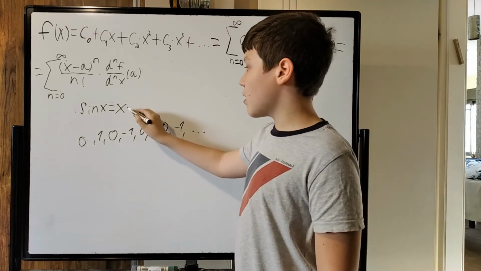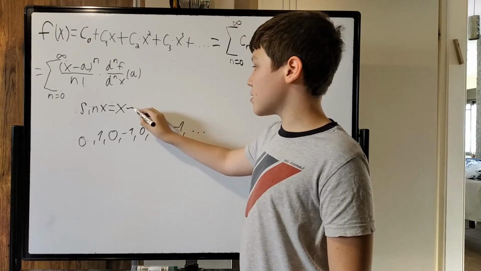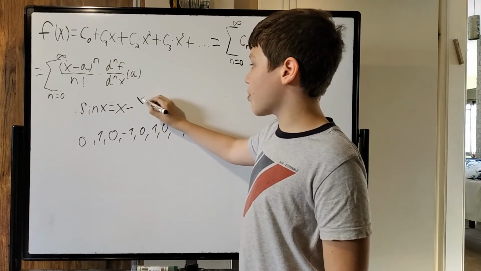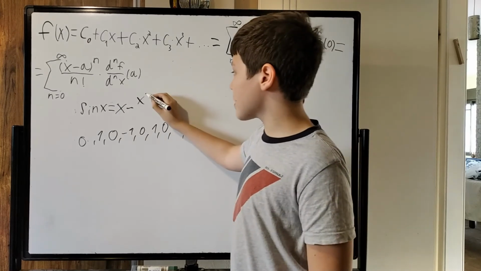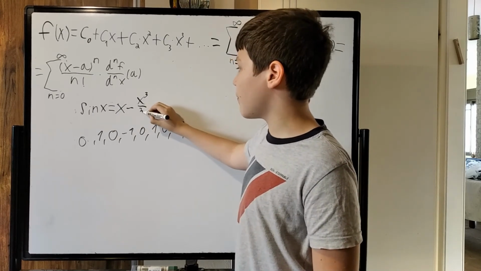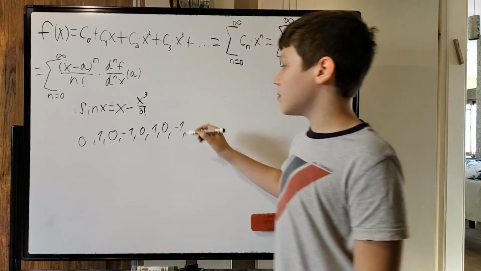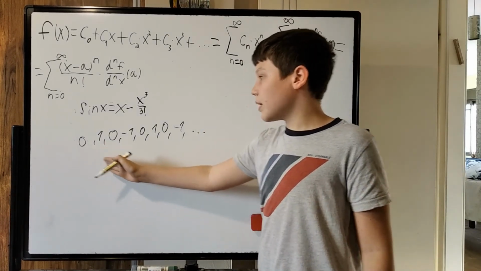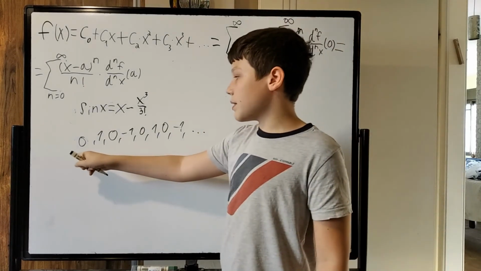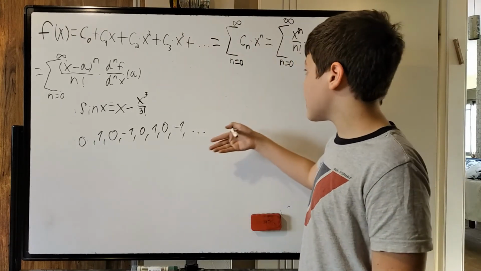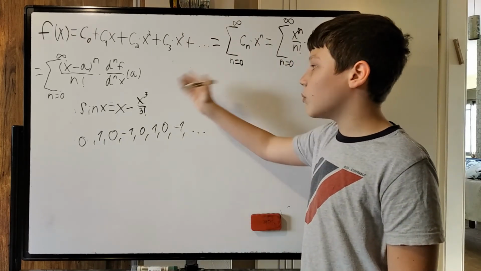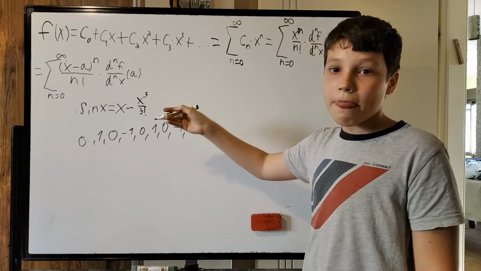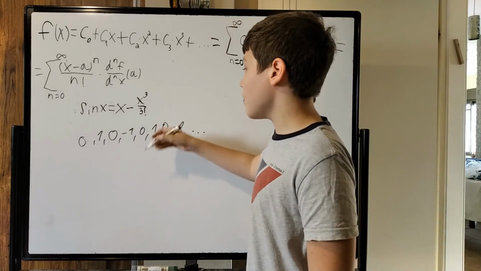Next up, when n equals 3, it's going to be minus x cubed over 3 factorial. And then all of the ones in the even positions, when we plug in 0, it's just going to be 0. So we'll ignore those.